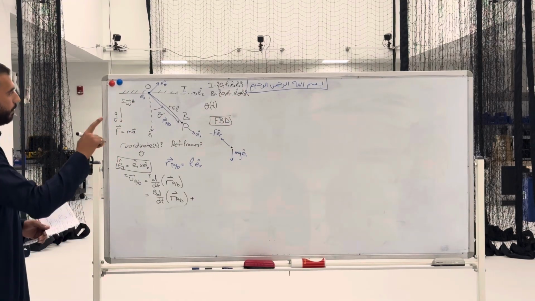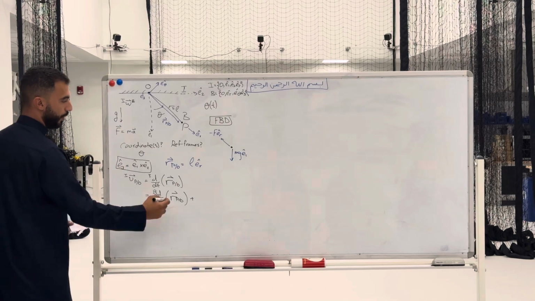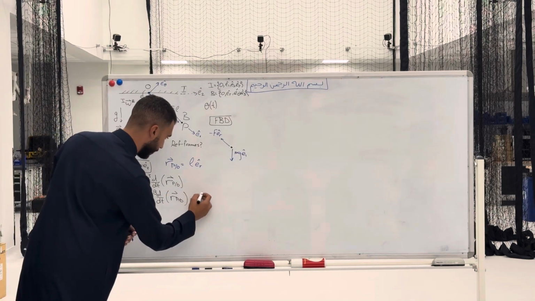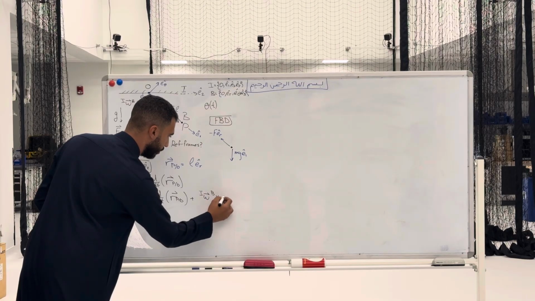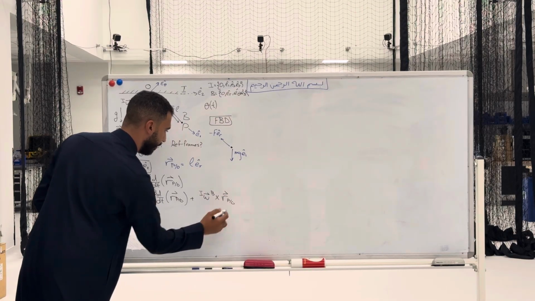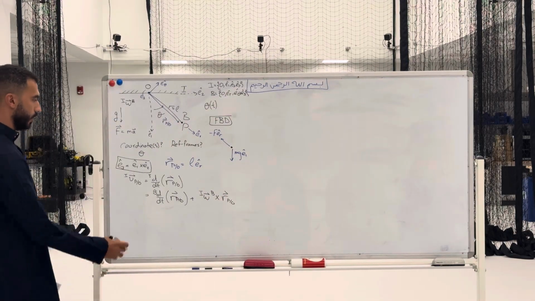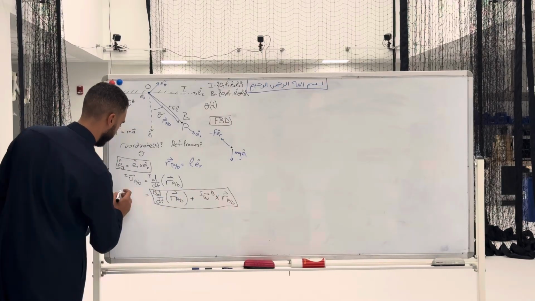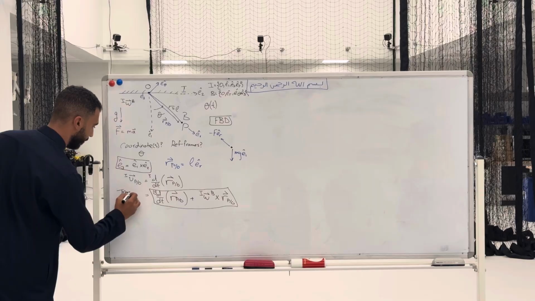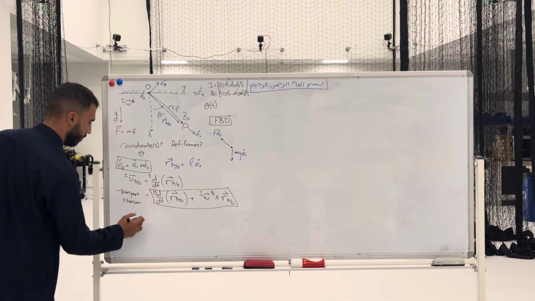So it has an angular velocity. So we need to do omega cross R_PO. So this is called the Transport Theorem. Okay?